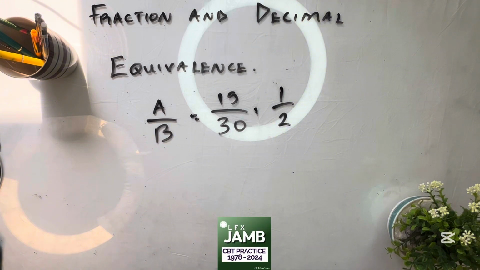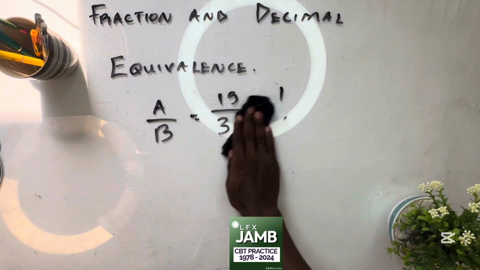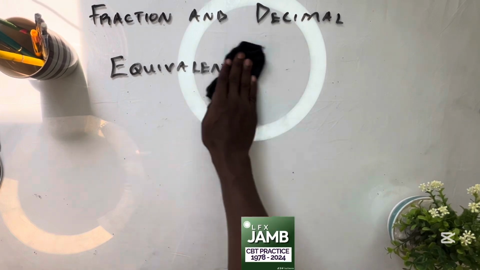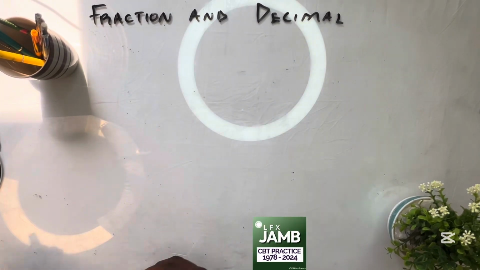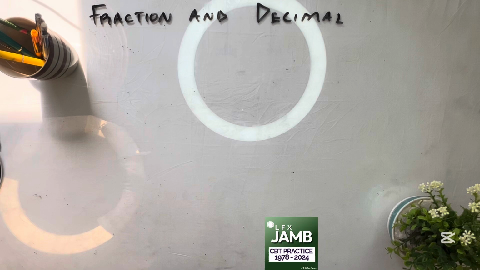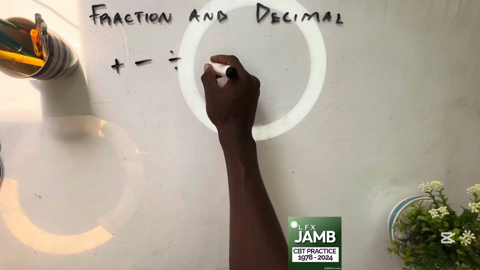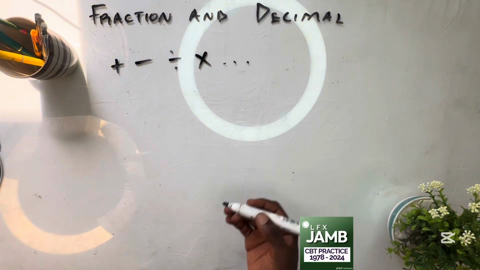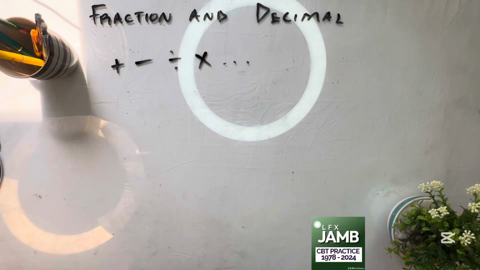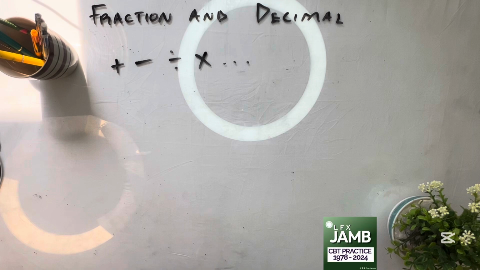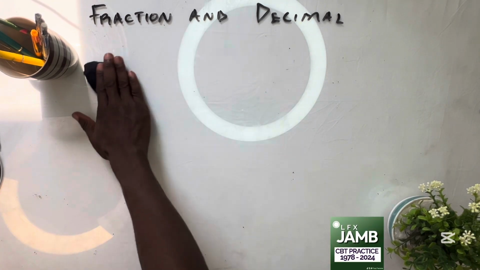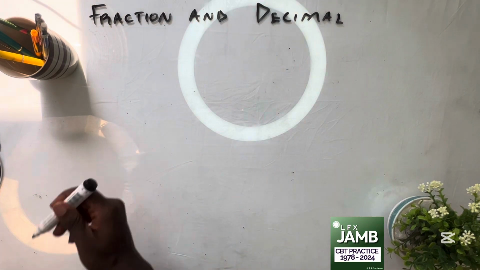So yeah, fraction, like every other type of operation in mathematics, carries out the same mathematical procedures like addition, subtraction, division, multiplication, and so on, parentheses, orders, and so on. So let's see addition and subtraction of fraction.